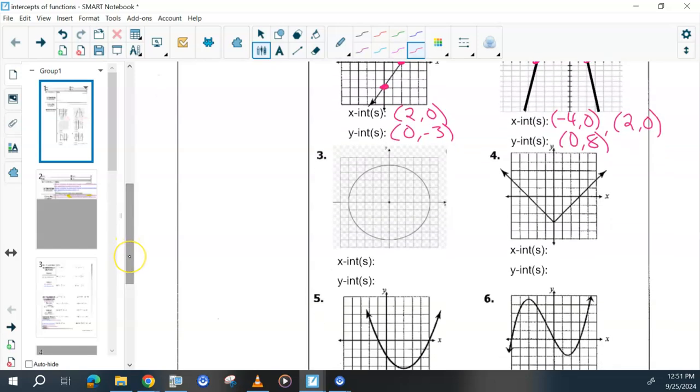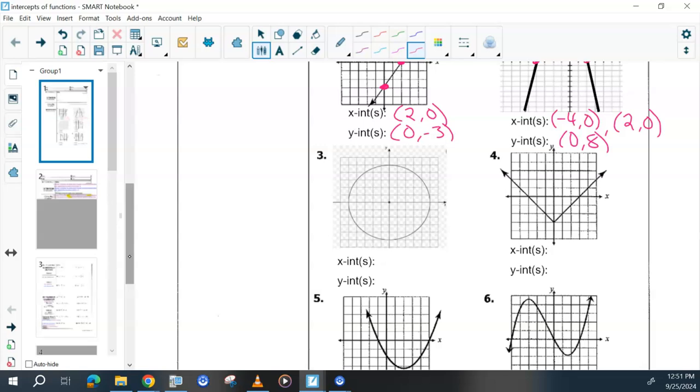Find the x and y intercepts of number 3. What are those x and y intercepts? 5 and -5. For the x or for the y?